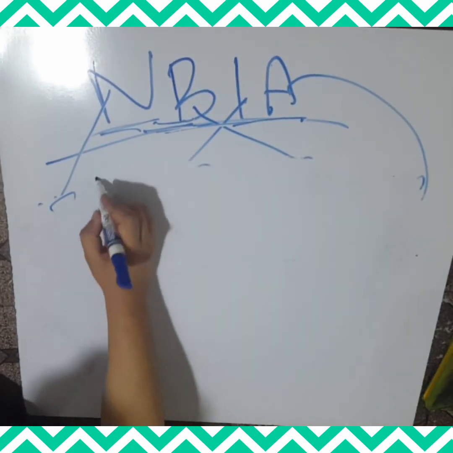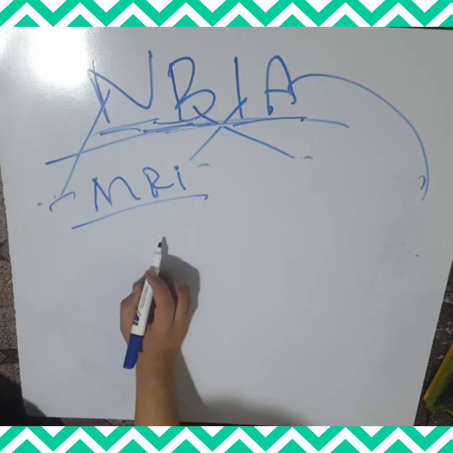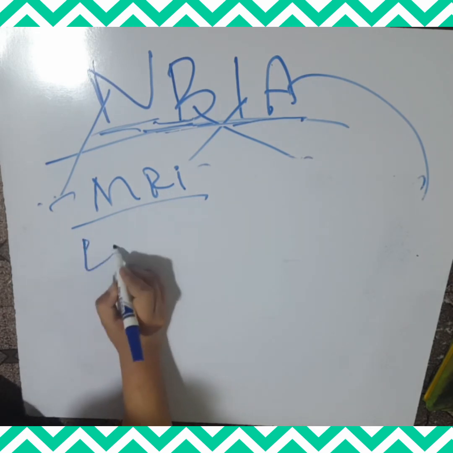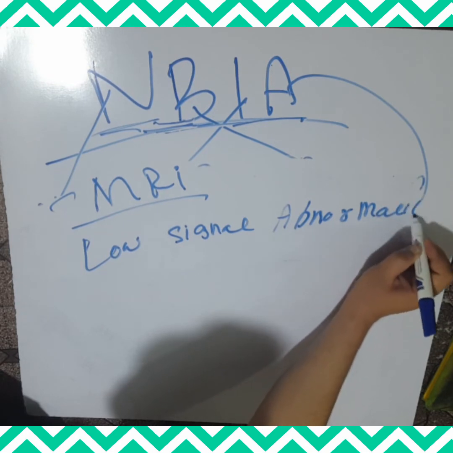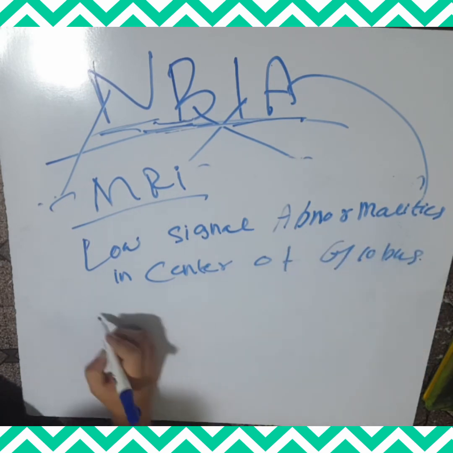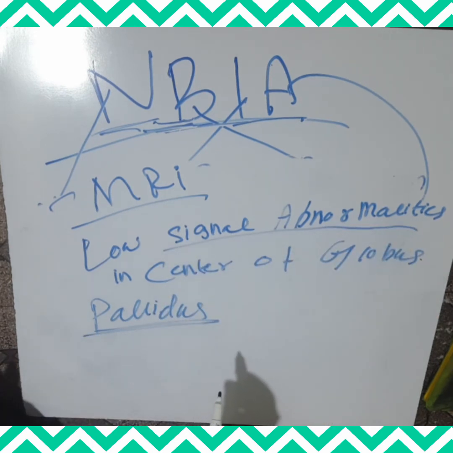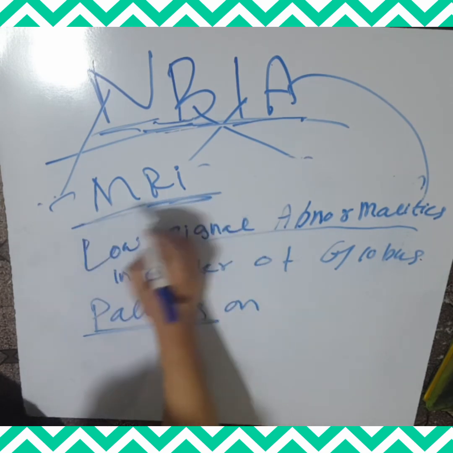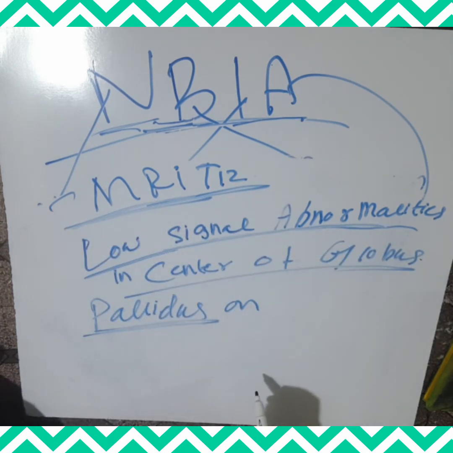What will we see on the MRI? On the MRI, we see low signal abnormalities in the center of the globus pallidus on T2 weighted MRI scan.